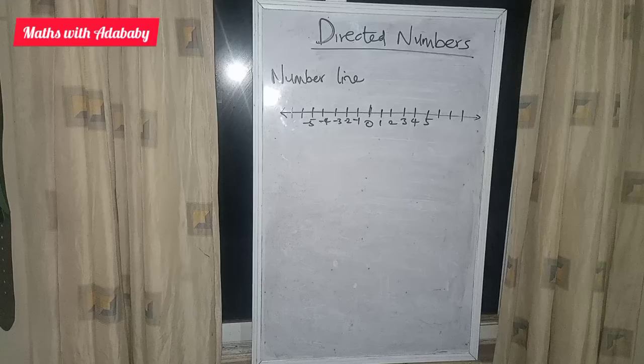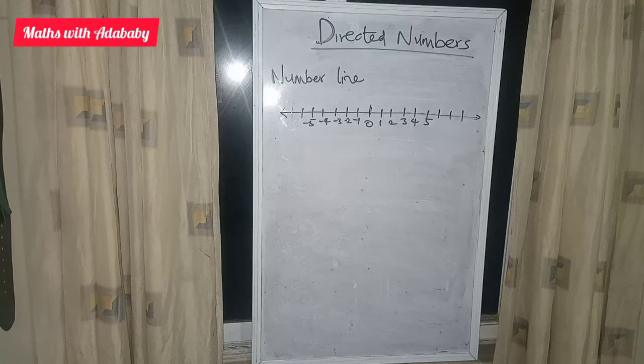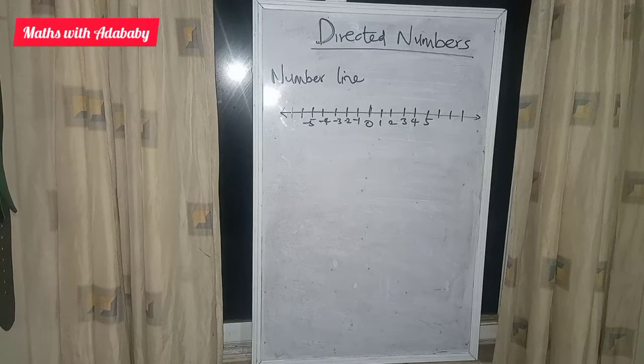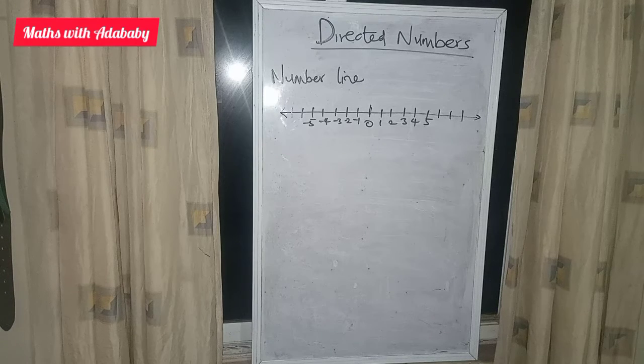Now, we have different numbers in the number line. We have a minimum of -5 and a maximum of 5. It is very important you understand that the numbers in the negative direction are usually lower than the numbers in the positive direction.